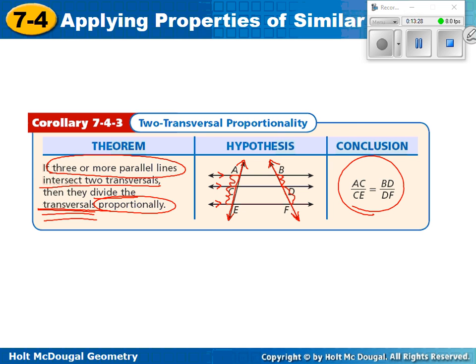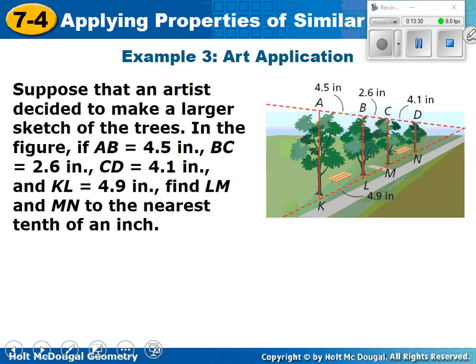Okay, so go to your picture. This looks like it's really hard because it's got all these words, but it's not hard. First thing you need to do is decide what in this picture is going to be the parallel pieces. It says, suppose that an artist decided to make a larger sketch of the trees. In the figure, they give us AB is 4.5.